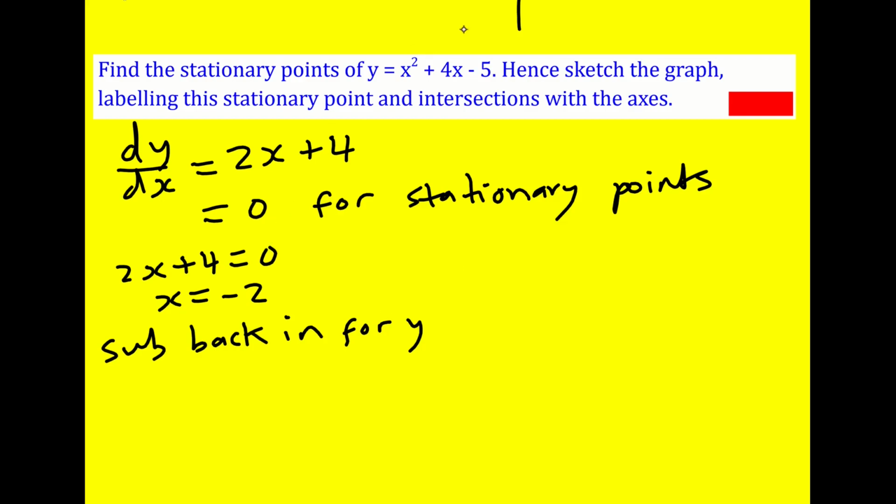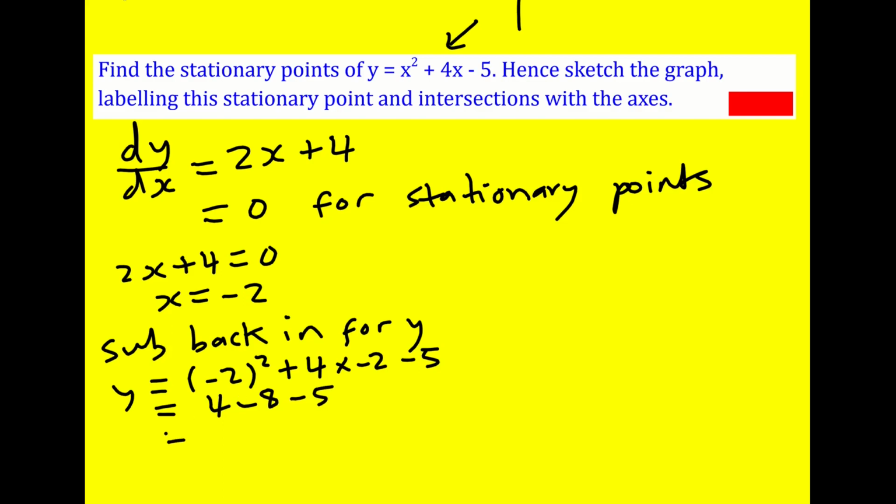I'm going to sub it back in to here to get my value for y. y is going to equal minus 2 squared plus 4 times minus 2 minus 5, which is 4 minus 8 minus 5, which gives me minus 9. And I've got my first point that I can just put on my graph. It's going to be down here, minus 2, minus 9.